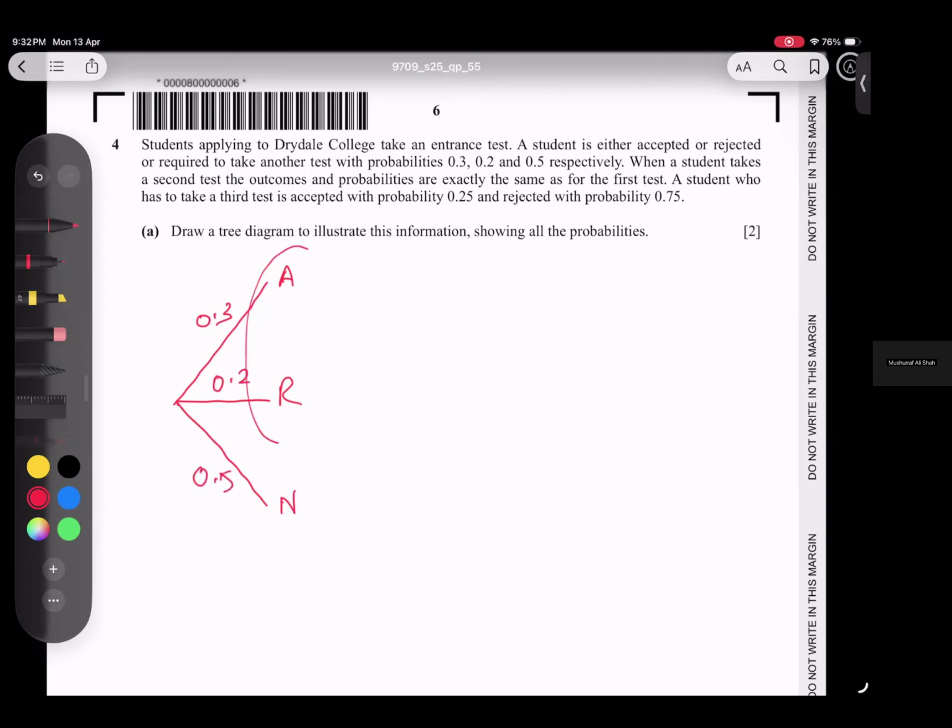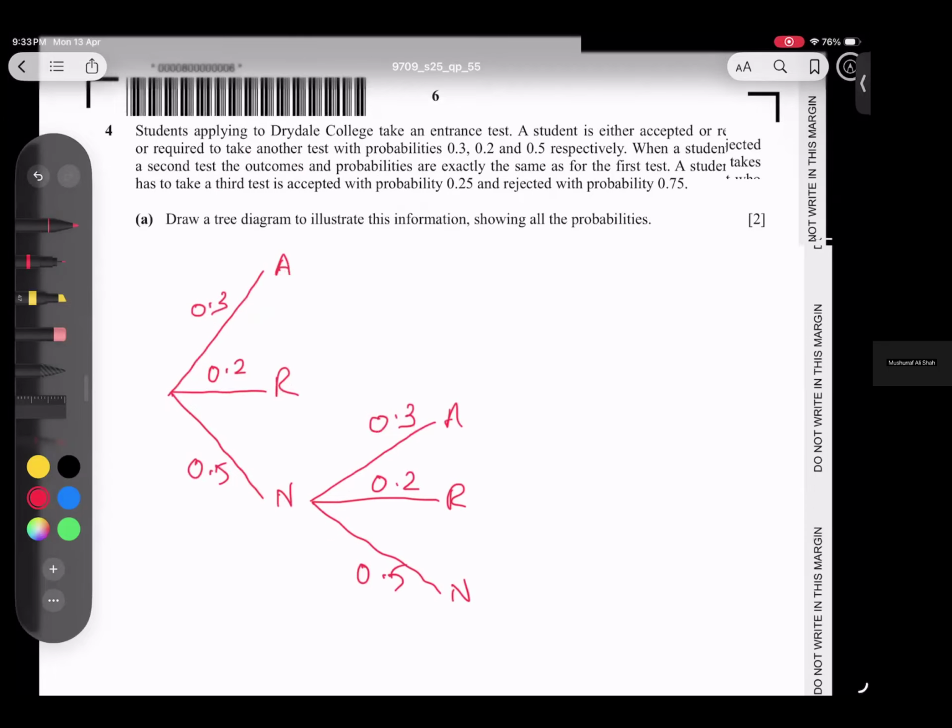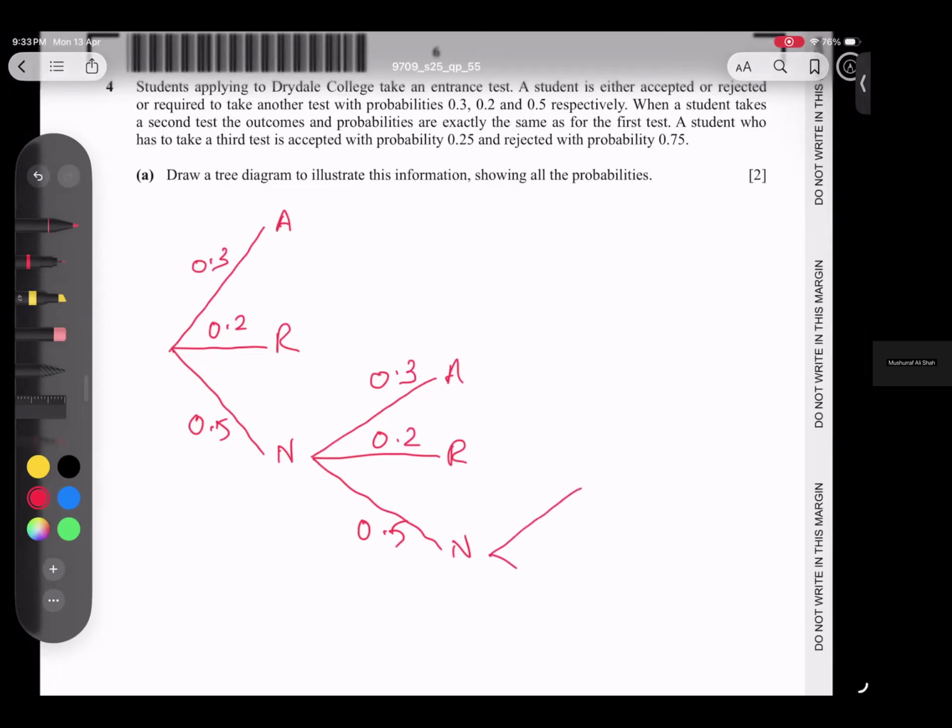Naturally these first two are clear, with no branches after that, but here we have 3 branches once again: accepted, rejected, and next try. Same branches as he said, 0.3, 0.2, 0.5. But now he said we have only 2 options, 1 accepted and 1 rejected, no third attempt. So accepted 0.25, rejected 0.75.